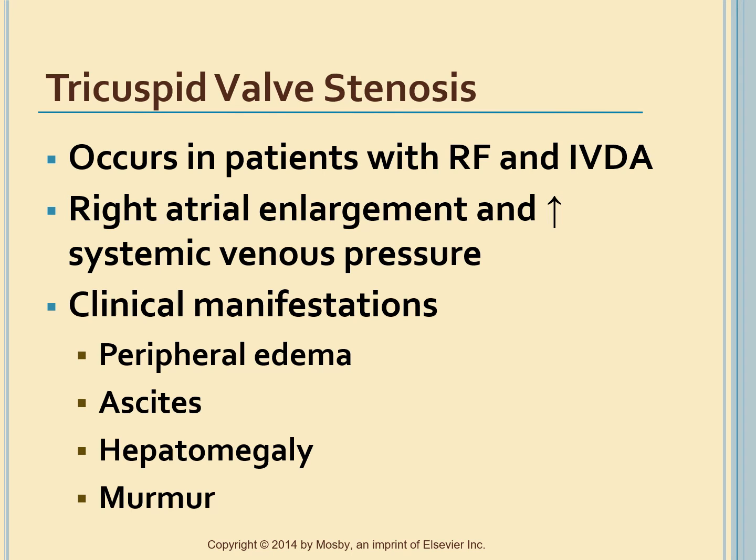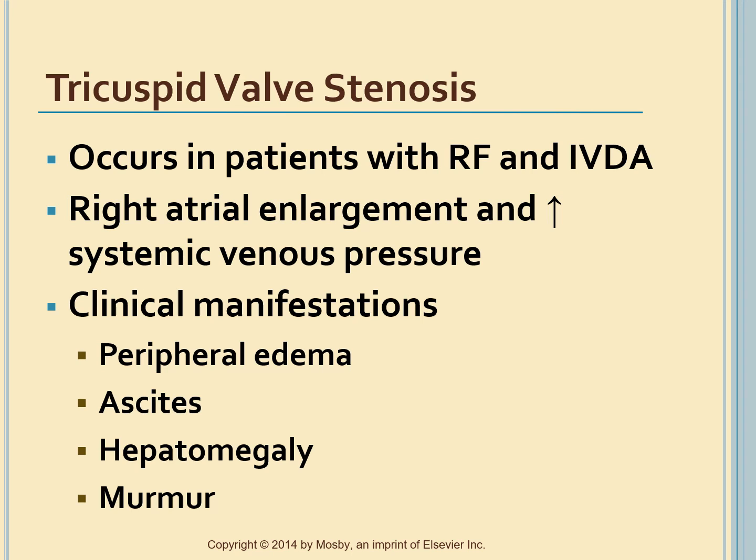Tricuspid valve stenosis occurs in patients mainly with rheumatic heart disease and IV drug abuse, and that IV drug abuse stems from the IE that we would see with that. In tricuspid valve stenosis, we get right atrial enlargement, right? Because that right atrium is trying to push blood into the right ventricle, but because there's such a small opening, it's unable to.